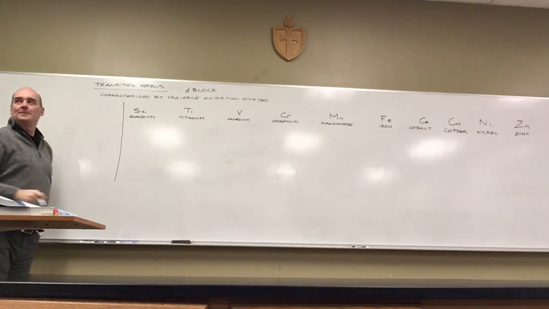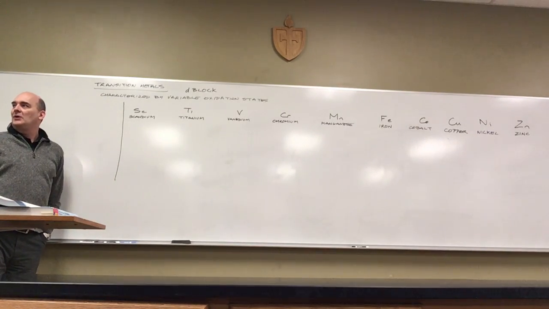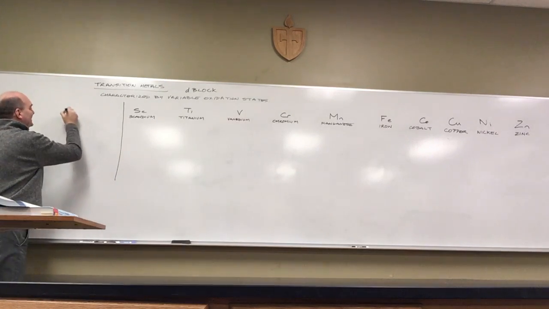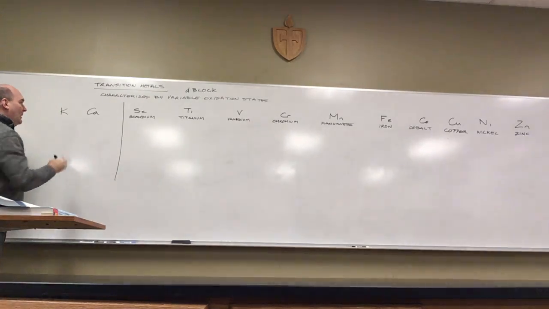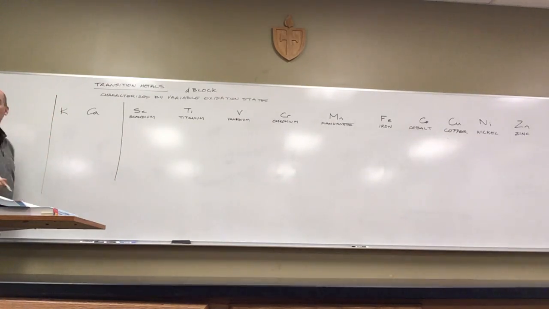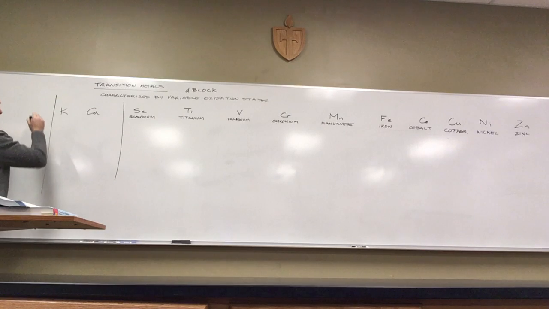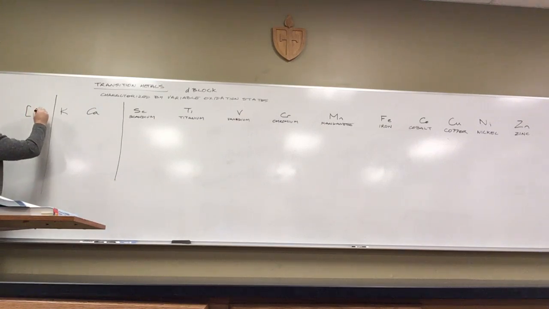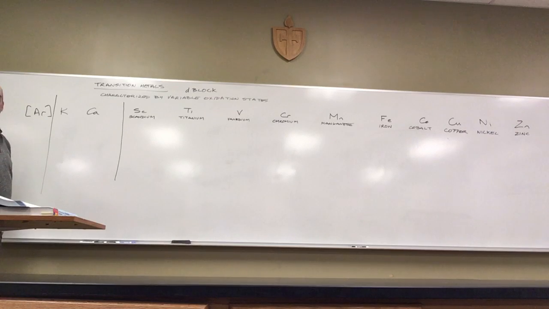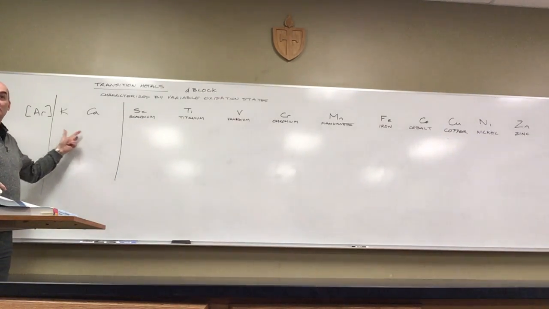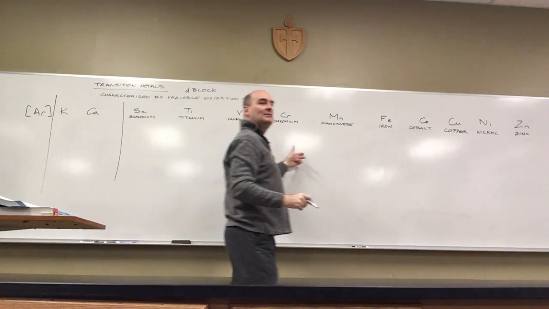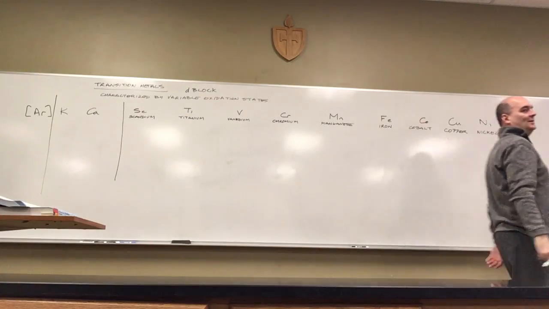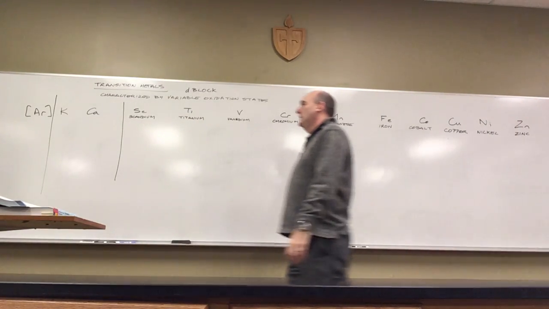We've got a D block, and that D block is preceded by potassium and calcium. And then that is preceded by argon. So I have my argon closed shell, and then I have 4s1, 4s2, 3d1, 3d2, 3d3, 3d4, 3d5, and so on.